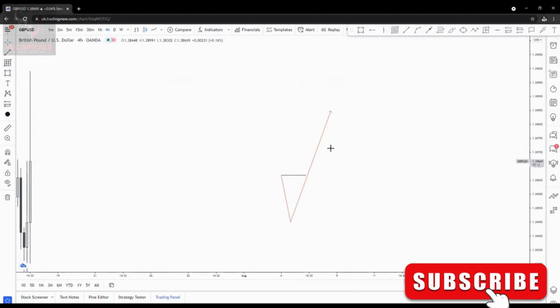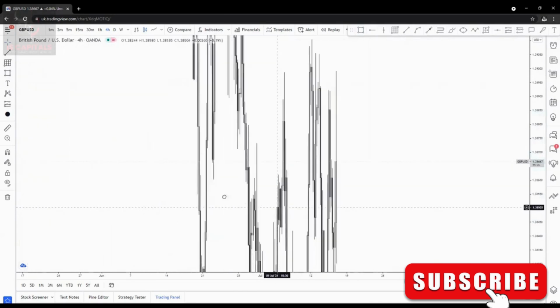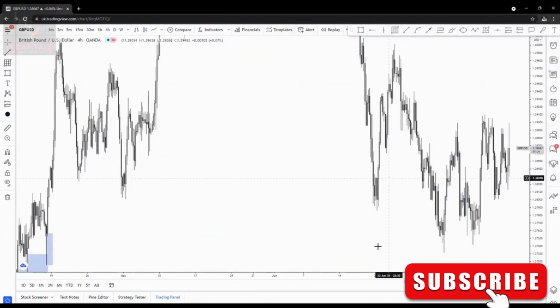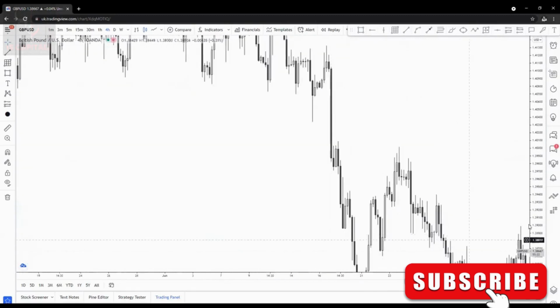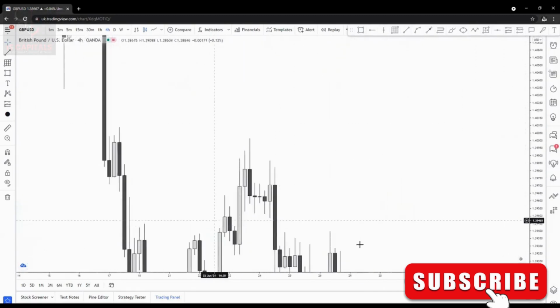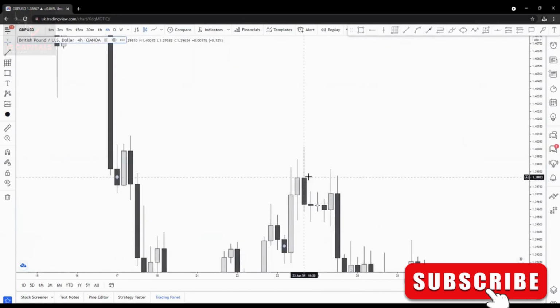The first one will be on the 50%. Now if you take this wick right here, like I told you, the first one will be on the base of the wick, on the opening of the wick.